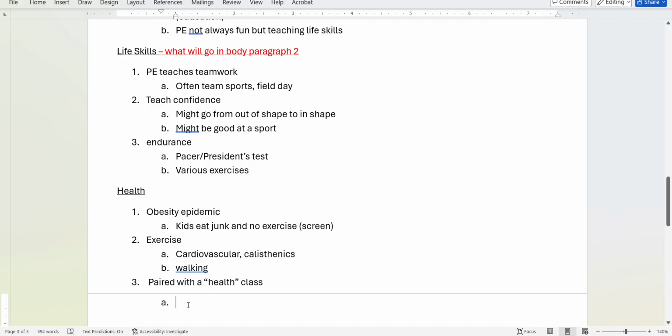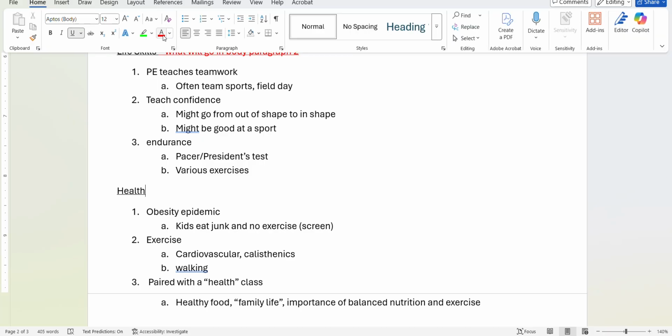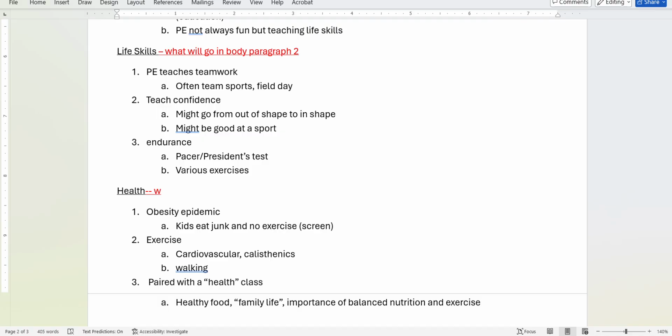And that's where we would learn about healthy food, and they would do family life. I can already tell you now I'm going to end up cutting that because it's not really relevant. And the importance of balanced nutrition and exercise. And so now I have the bones of what will go in paragraph 3.